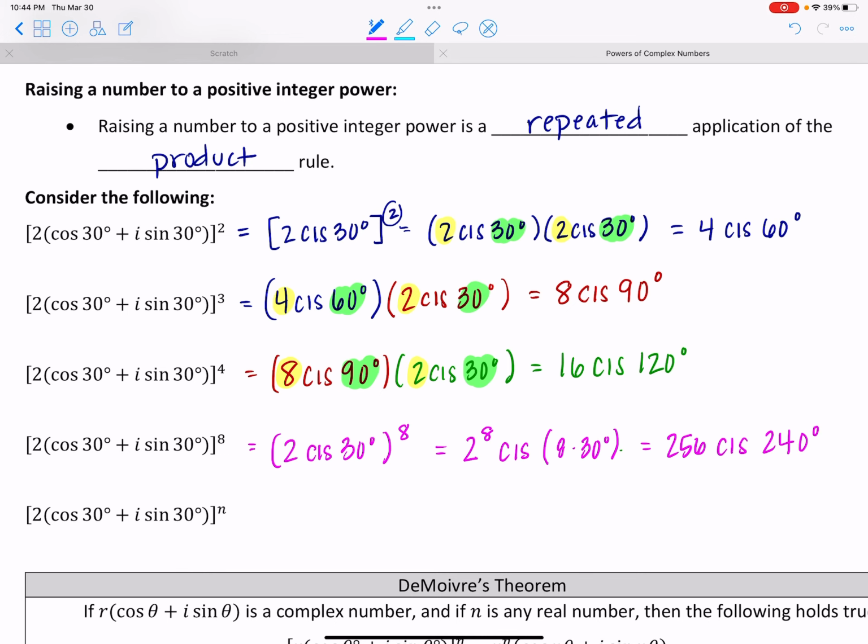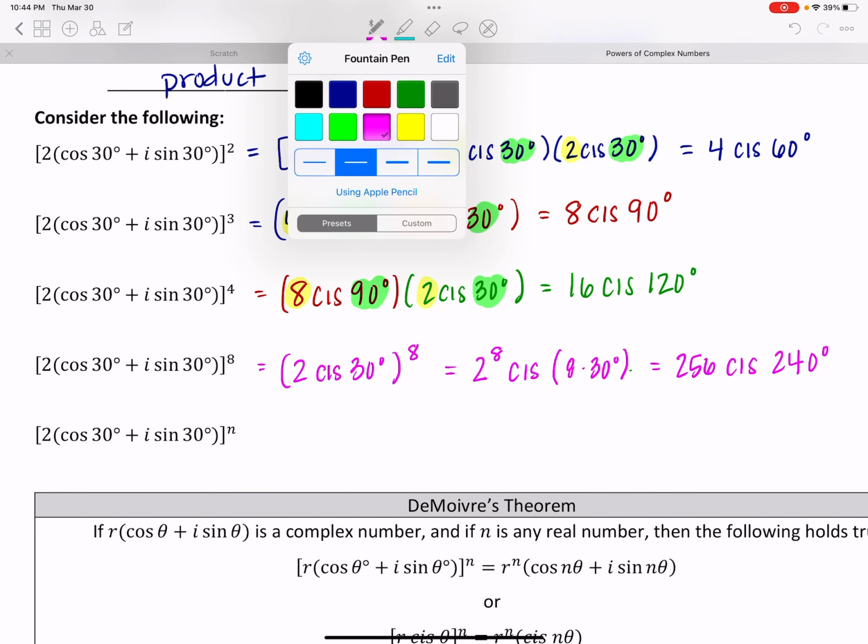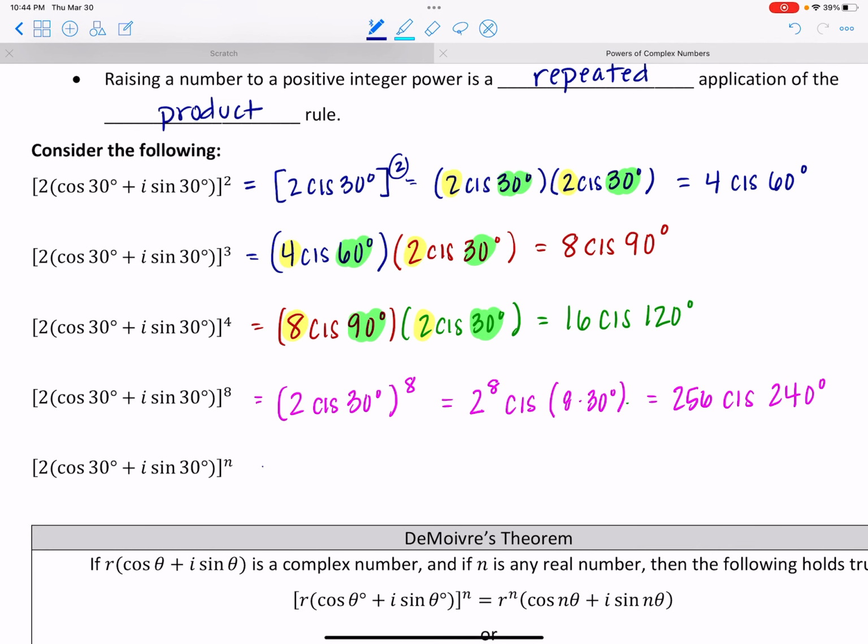Okay, so if we were to generalize this, we would say, for instance, if it's the nth power, no matter what that power is, the radius will be raised to that power, and the angle will be multiplied by that power.